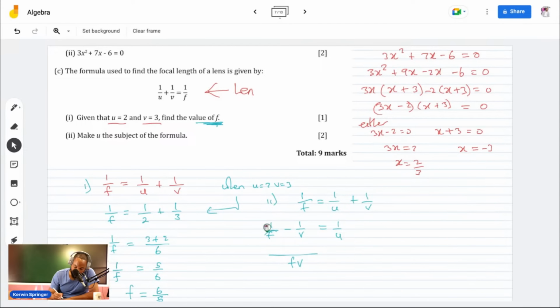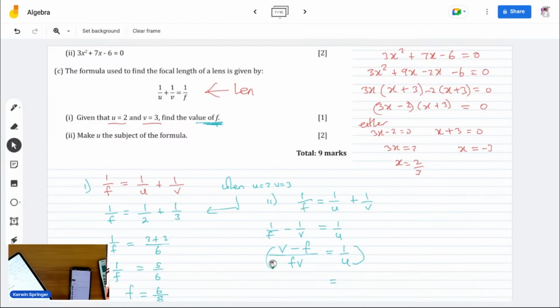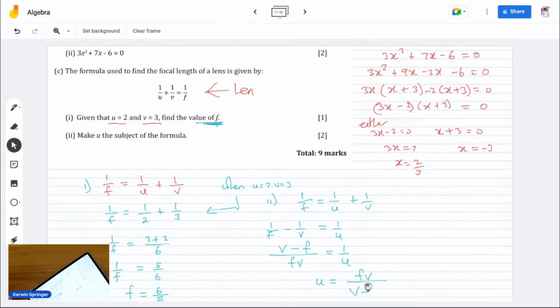F into FV is V. V into FV is F. Don't forget the negative sign. And now I reach here, where you could reciprocate it: if I flip this, I need to flip that, and that's the answer. So I'll get u is equal to FV over V minus F, ladies and gentlemen. What do you think? You all understand?